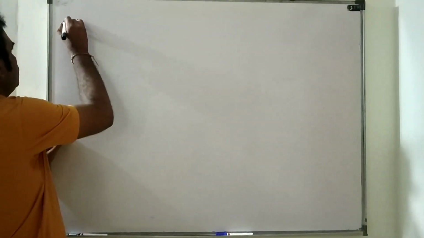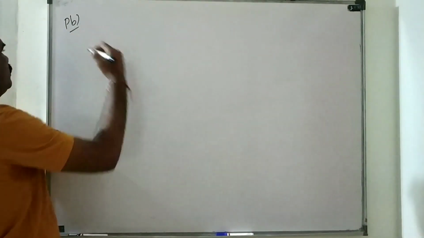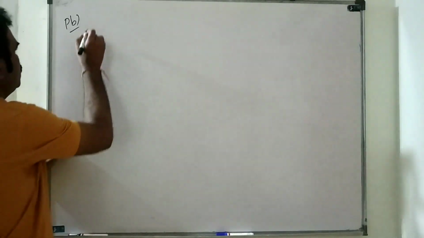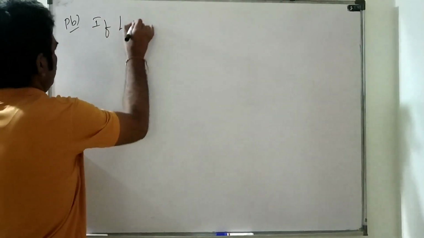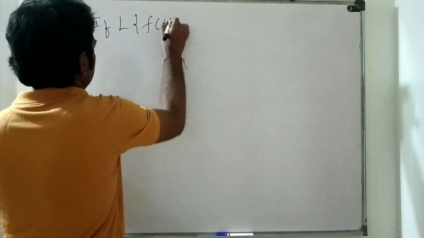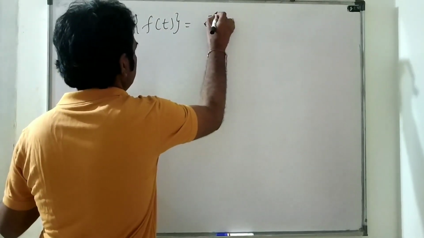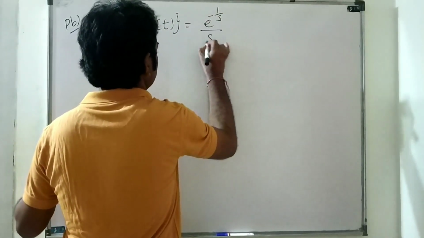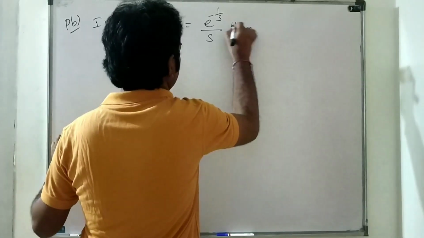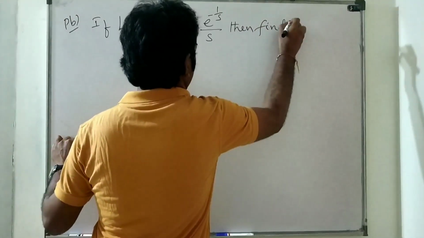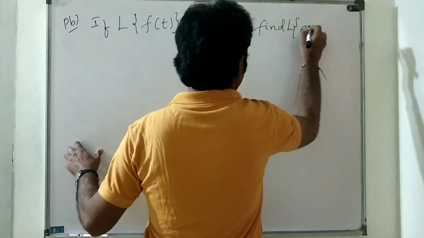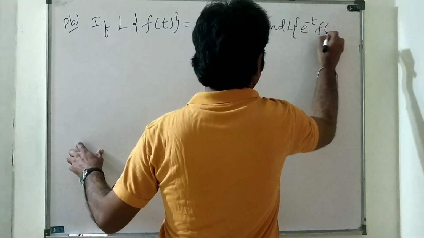Next problem. If L of f of t is equal to e power minus 1 by s all by s, then find L of e power minus t into f of 3t.